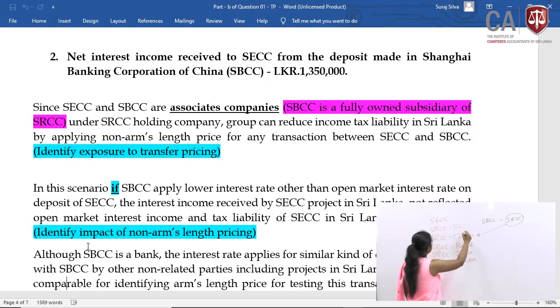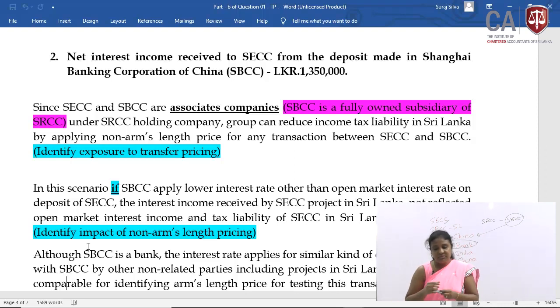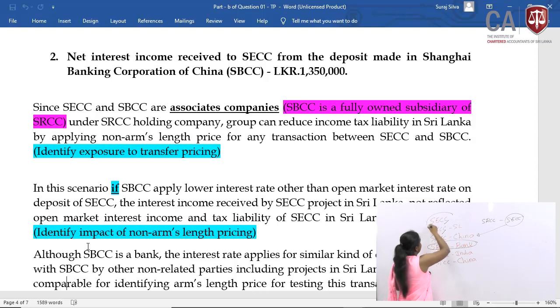We have done this for SRCC and SCCC too. Then this one, SBCC Bank. In that sense, now there is an interest income, which is income to SCCC.